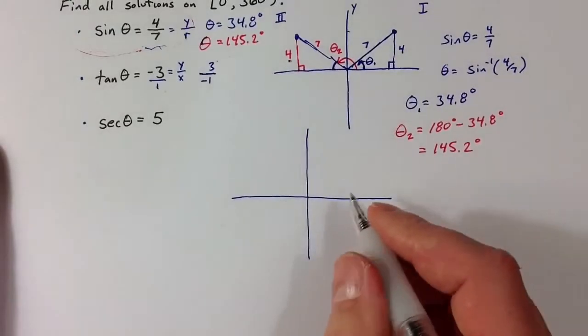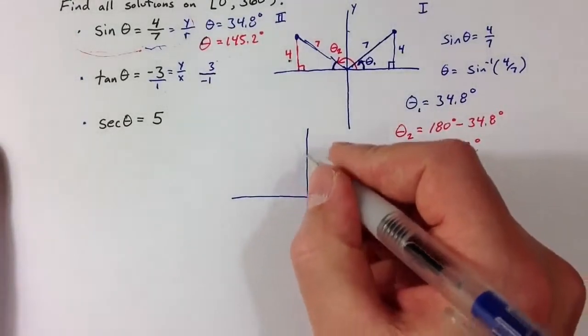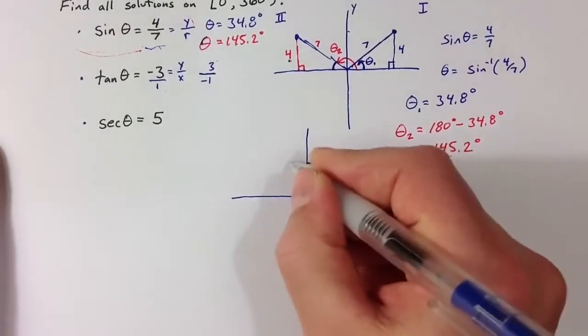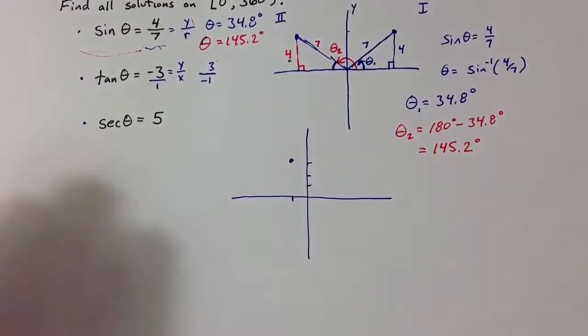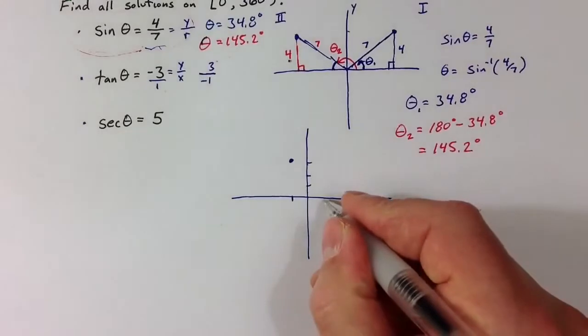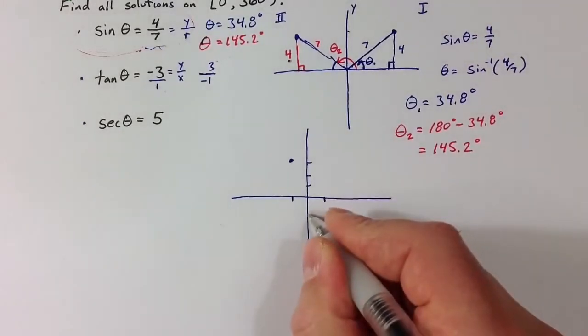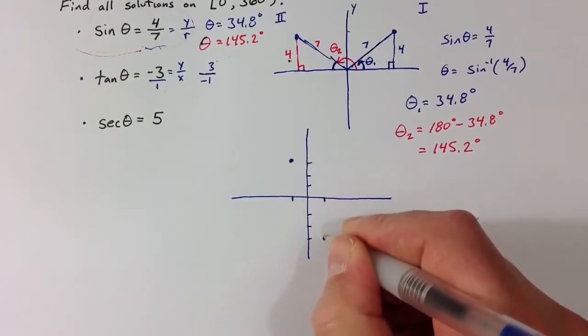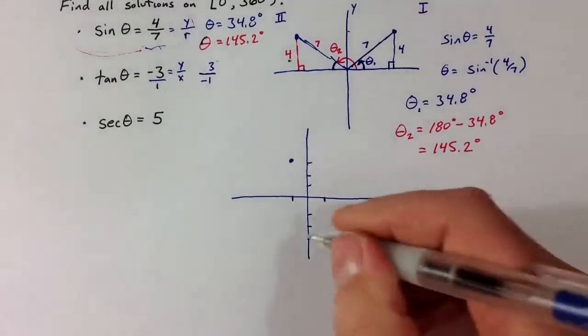And so we might have a positive y value of 3 and a negative x value of 1, or we could have a positive y value of 1 and a negative x value of 3. So those are two separate solutions.